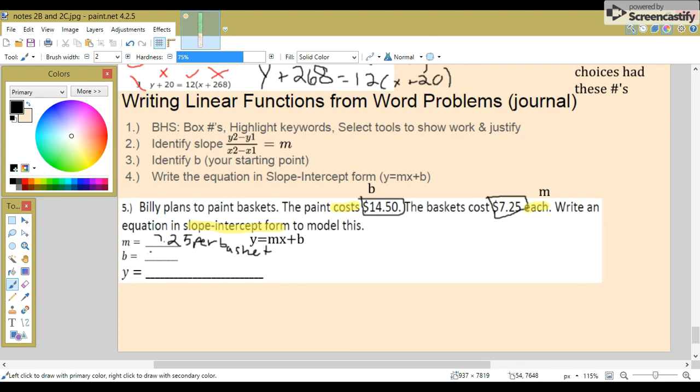Our b is $14.50. And then step 4, write your equation in slope-intercept form. y equals mx plus b. You just put these two numbers together in the formula. y equals 7.25x plus b, which is $14.50. And that's it.